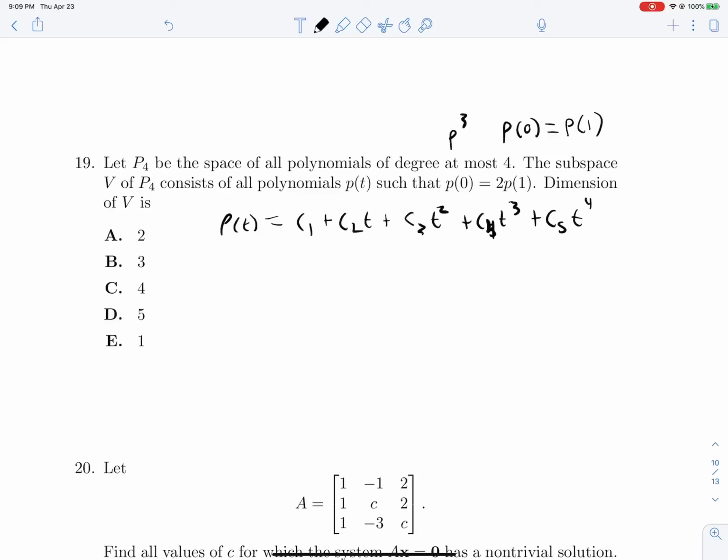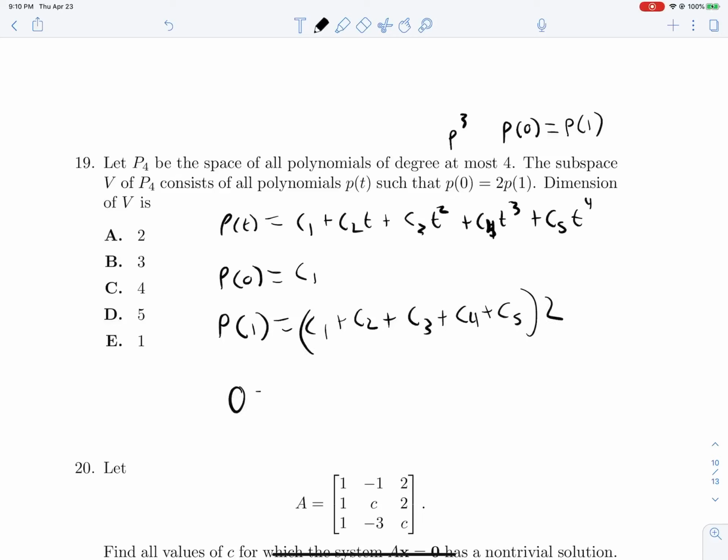If we evaluate P at 0, we get C1, and P at 1 is C1 plus C2 plus C3 plus C4 plus C5, except that we're getting 2P(1) because P(0) is equal to 2P(1). We'll need to equate these two, so we'll multiply this by 2. Setting them equal to each other, we see that 0 is equal to 1 C1 plus 2 C2 plus 2 C3 plus 2 C4 plus 2 C5.